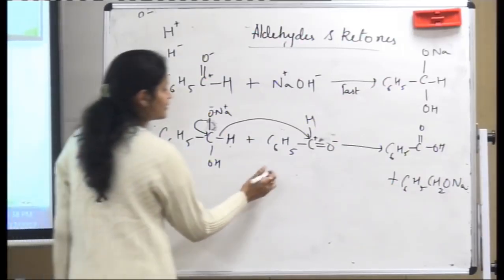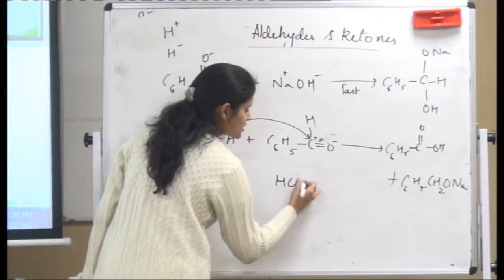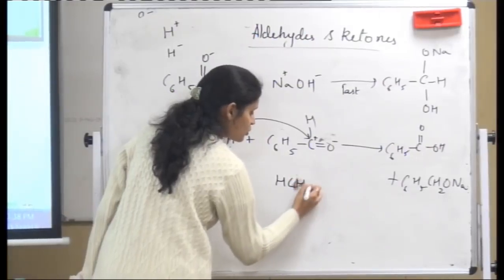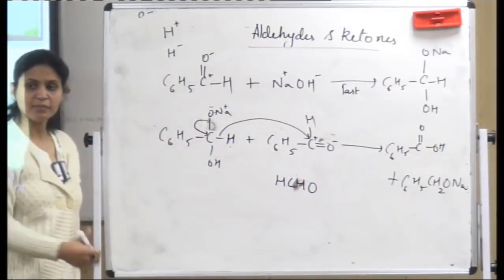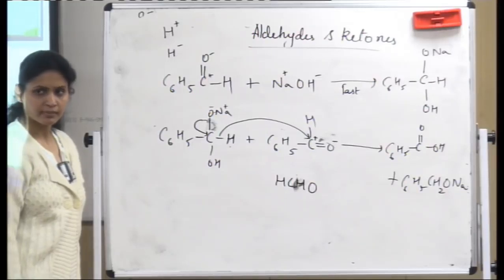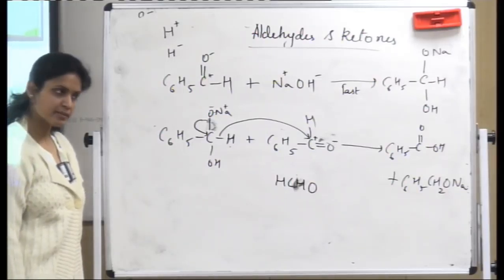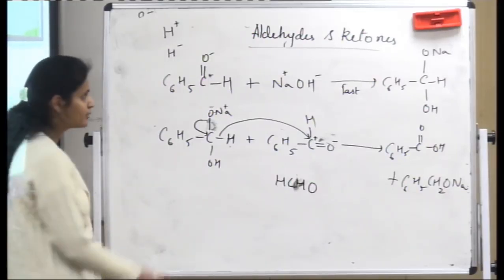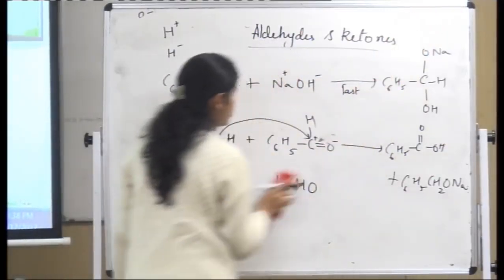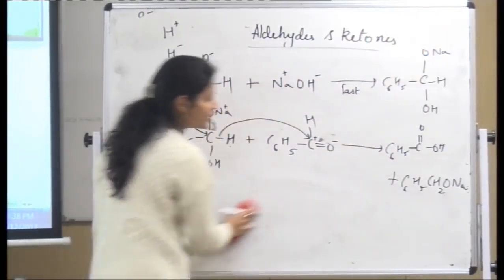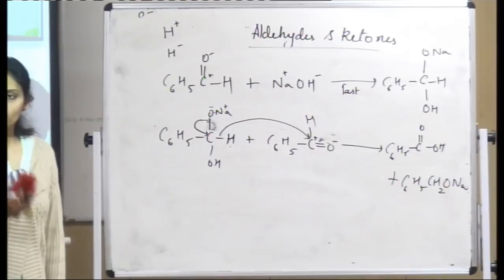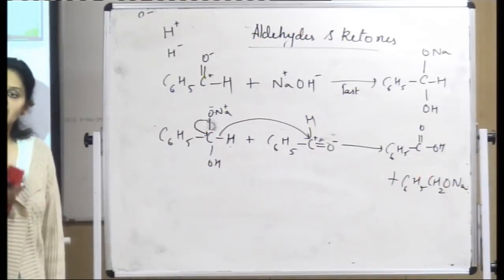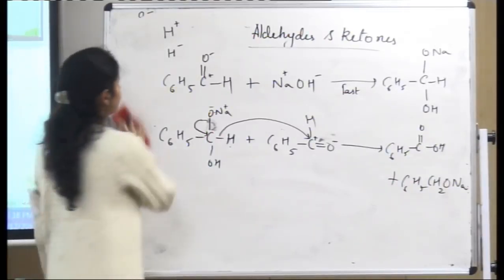Similarly, I can take this molecule as HCHO, just like the previous example, right? Understood? Always remember that the carbonyl will be retained by the aliphatic part, right?